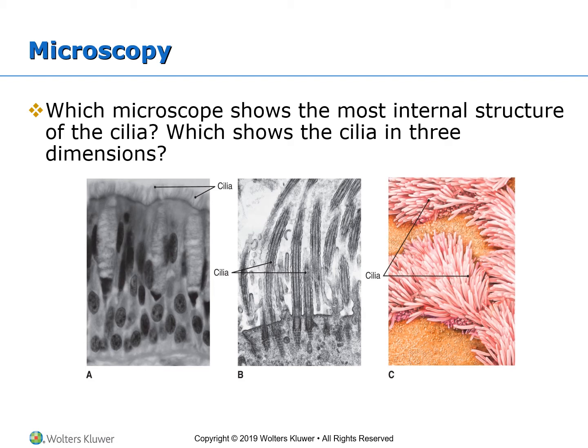You can really see their structure. Image C provides you the details of the cilia, and you can see how they actually look as a 3-dimensional structure, as hair-like structures.